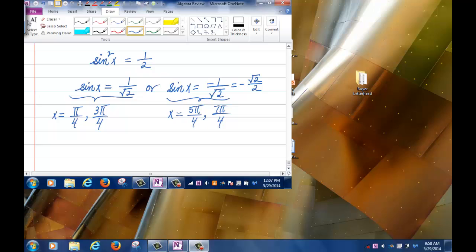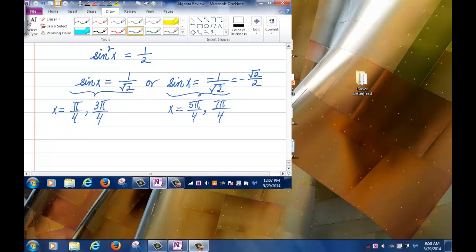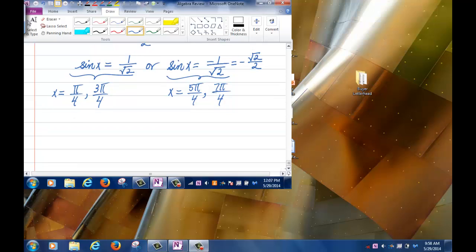So these are the solutions between 0 and 2 pi, but other solutions are given by what? Pi over 4 plus 2n pi, where n is an integer. It's a multiple of 2 pi.